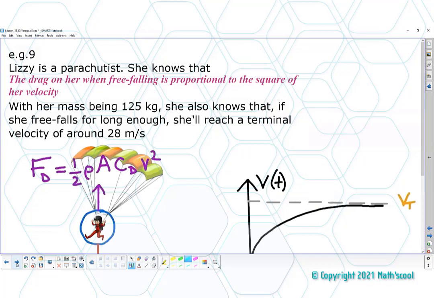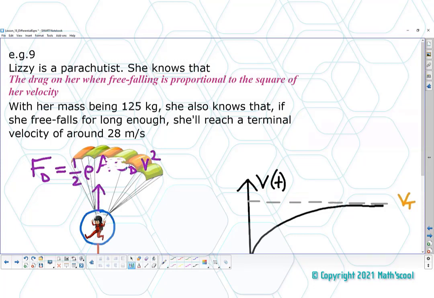Lizzie is a parachutist. She knows that the drag on her when free falling is proportional to the square of her velocity. So we've got this equation here, which tells you the drag on her, the force upwards, in terms of things like the density and the drag coefficient. But we're not going to bother with that too much. We're going to simplify it a lot because that looks too complicated and too much like physics.